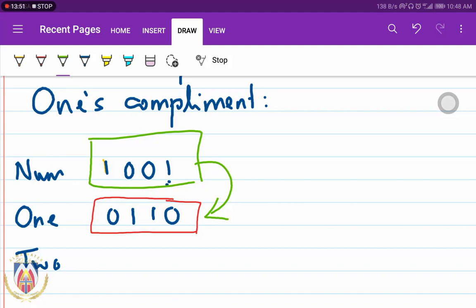So with this one, we get 1, 1, 1, 0, sorry, 1. That would be the value that we get if we add 1 to the previous 1's complement. All right.